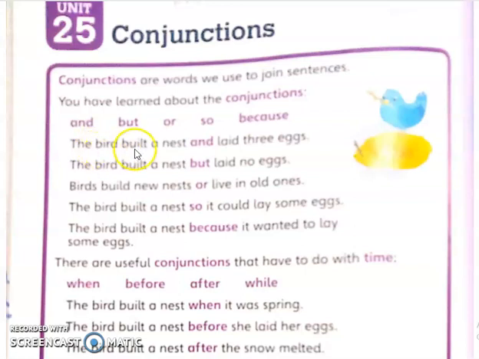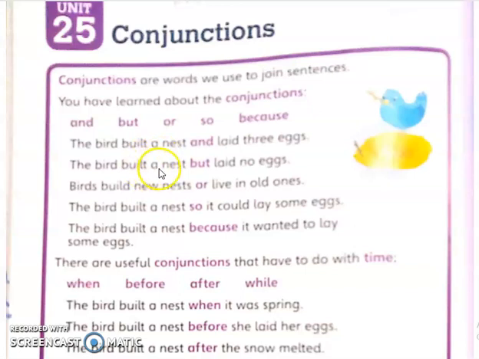Like, the bird built a nest and laid three eggs. Here there are two sentences. The bird built a nest is one sentence, and it laid three eggs is another sentence. So and is used here to join these two sentences to make one sentence. The bird built a nest and laid three eggs.